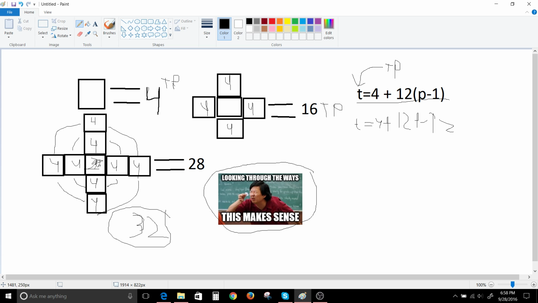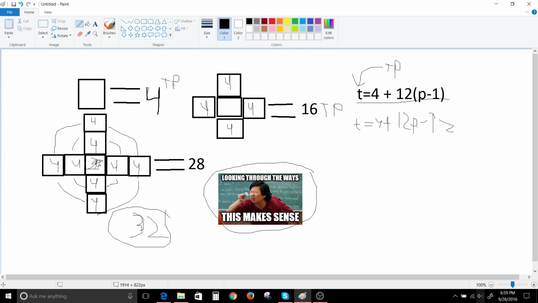Okay, so what we're saying here is 12P. Let me erase that because that's not very good. I have never used this thing before, by the way. So we have 12P, and I believe P stood for the pieces. So 12 pieces minus 12 plus 4 equals the toothpicks.